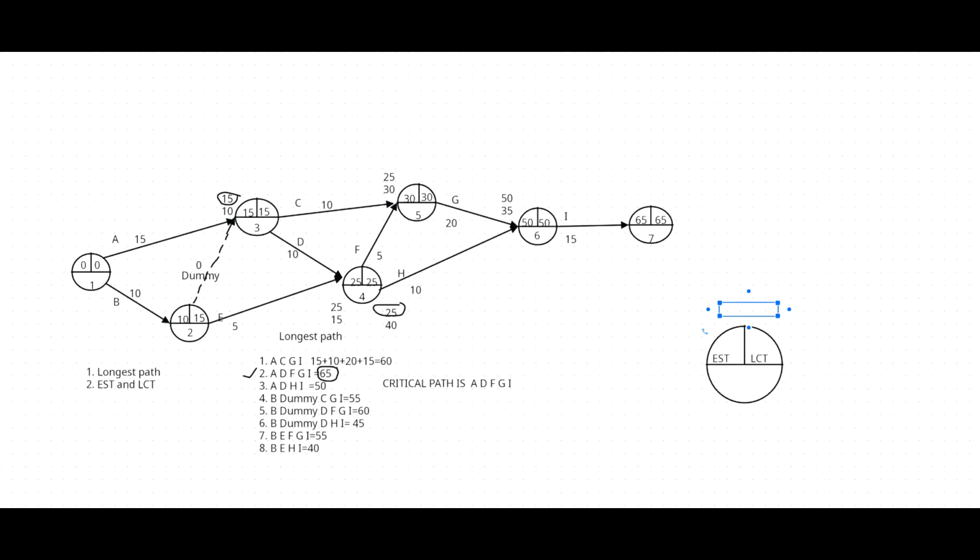Event number 1, both 0, 0, similar value. Event number 2, 10 and 15, therefore the critical path you can't find via that. But event number 3 is 15, 15.